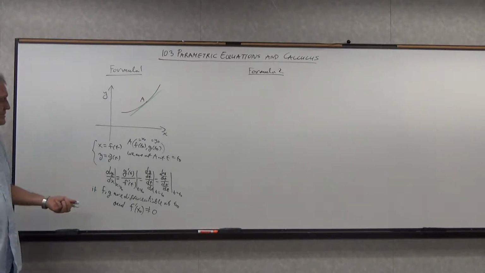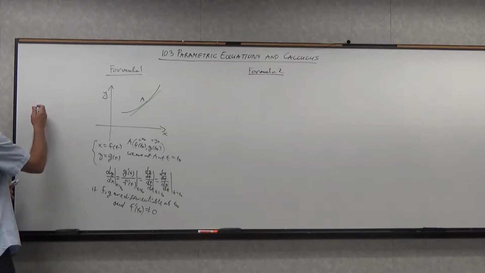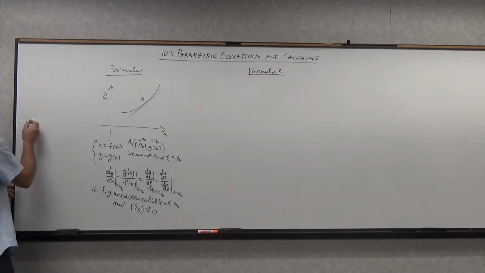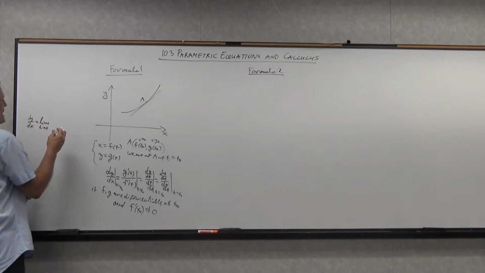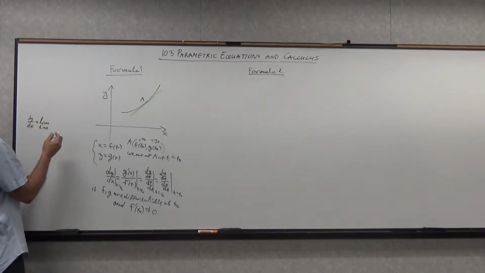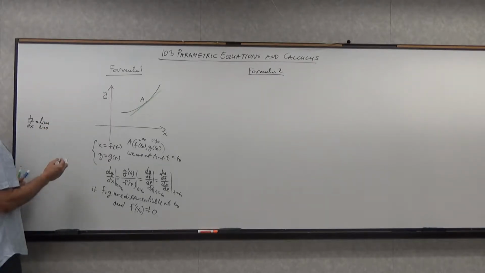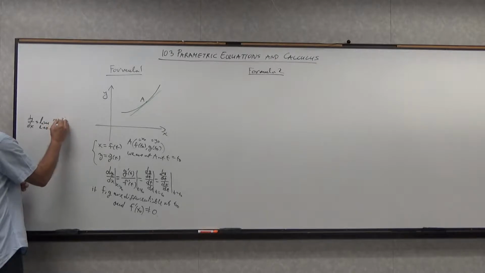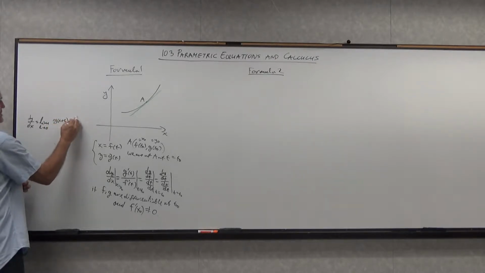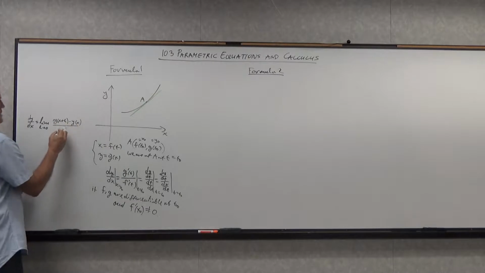By the way, how do you derive this formula? It's absolutely trivial. So it's not a proof, but just an argument. Why would that be? So dy over dx is actually the limit when h goes to 0 of y of x plus h minus y of x over h.